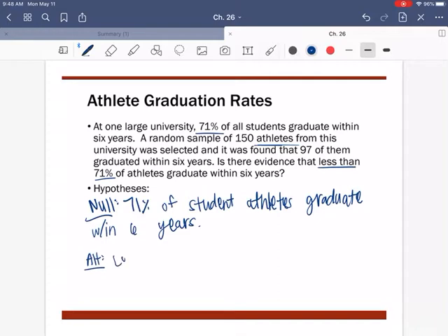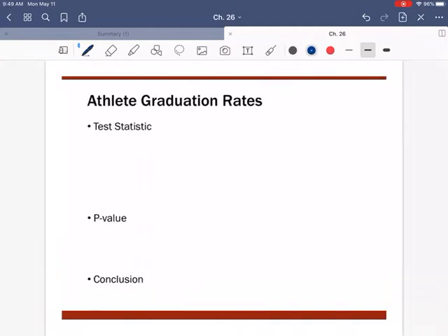Okay, then this last sentence says, is there evidence that less than 71%? So the alternative is less than. 71% of student athletes graduate within 6 years.